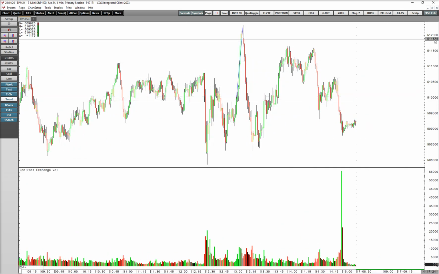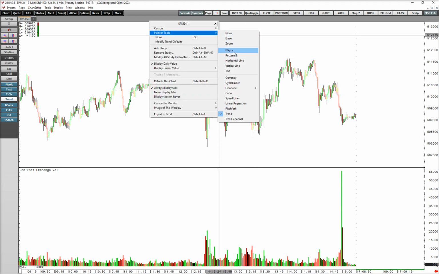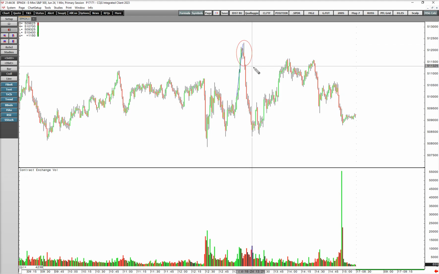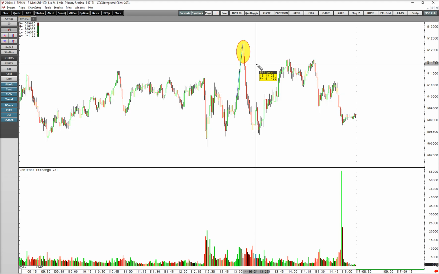Now, I will admit I was a little surprised that it met resistance there. I've been looking for the market to get a bounce here. Tomorrow morning is the expiration of VIX futures and options. It happens at 7 a.m. Central Time. That can often be an inflection point also.